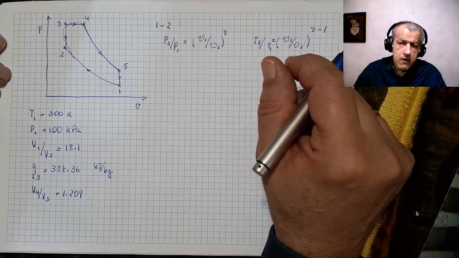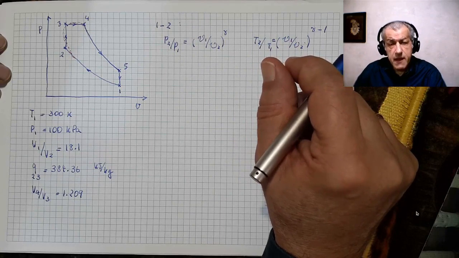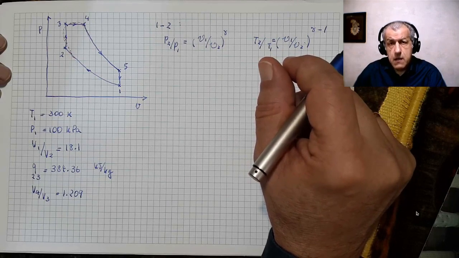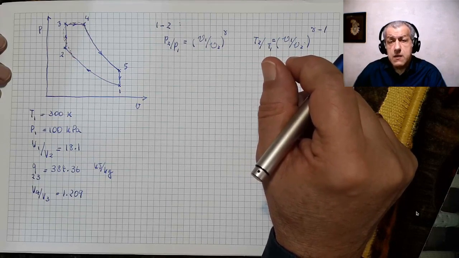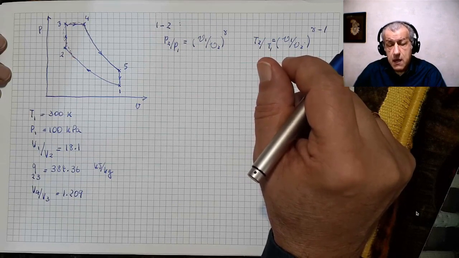And therefore, we would use a different method which provides us with data when specific heats are not assumed constant and are assumed variable.